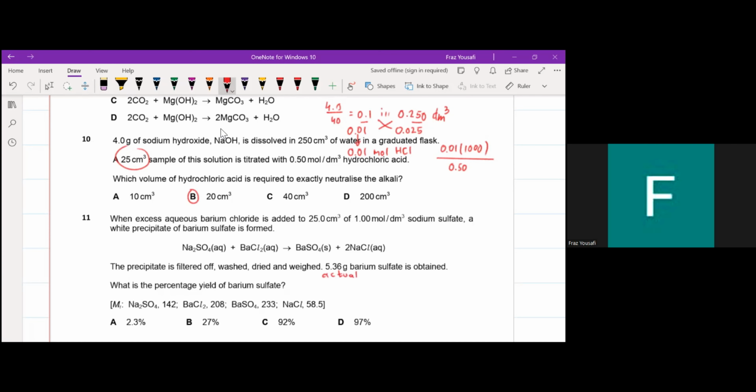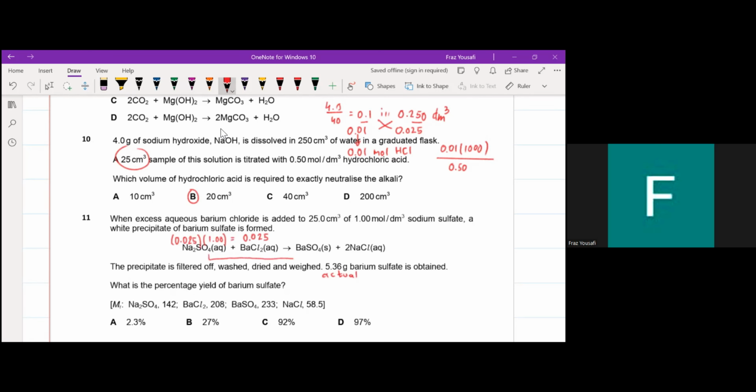And given the volume, 0.025, and the molar concentration, this is the moles of your sodium sulfate.